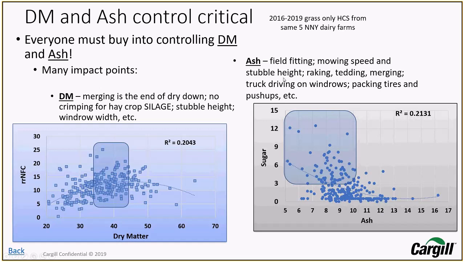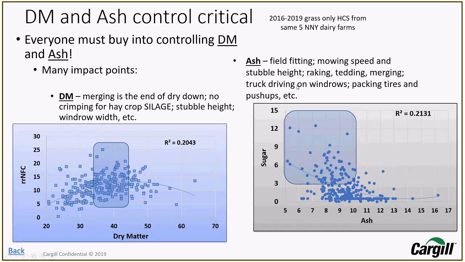There's a lot of people that are recommending now that our stubble height on grasses especially be 4 to 5 inches to get maximum regrowth. That's a little aggressive, but certainly more than 3 inches is probably the correct thing to have there. If you're trying to gain yield by decreasing that stubble height and cutting the plant shorter, you're probably going to lose in the end because you're going to increase the ash and lose the sugar.